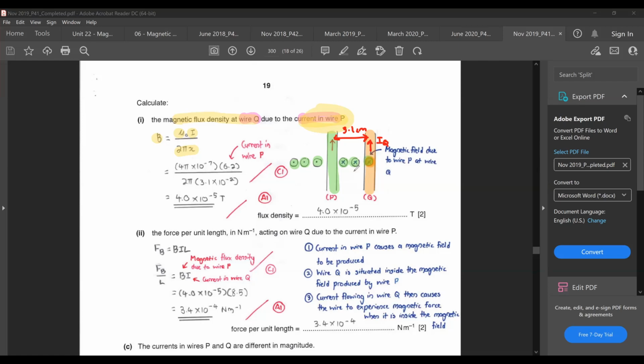So the magnetic force will be in this direction if you use Fleming's left hand rule, following the example that I just did just now for you. But right now, we are not really concerned with the direction yet. We just want to find out the magnitude.